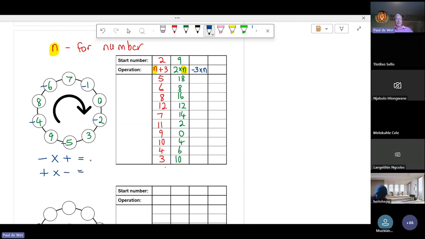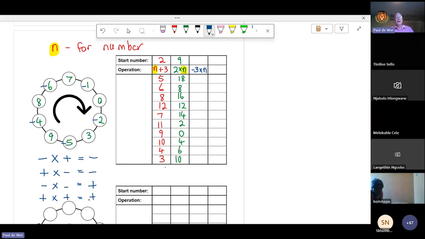So what happens if you multiply a negative by a positive? It will stay negative. Well done. A negative by a positive is negative, and a positive by negative? Still be negative. And a negative by negative? Positive. And lastly, a positive by a positive, what would that be? Positive. Okay, great. Thank you very much.